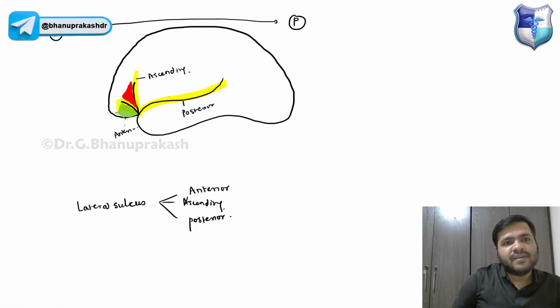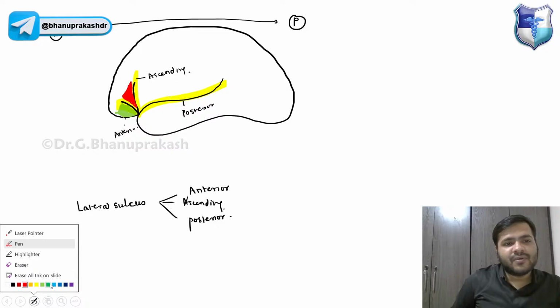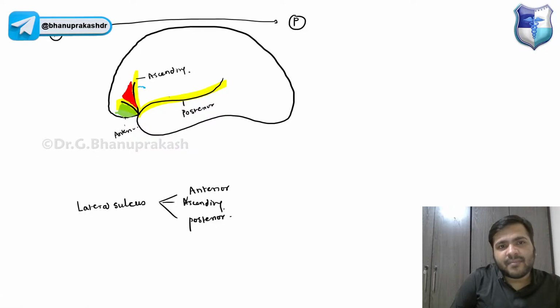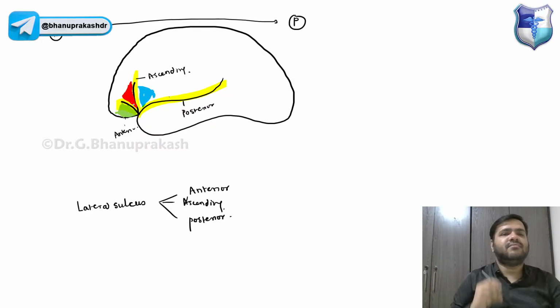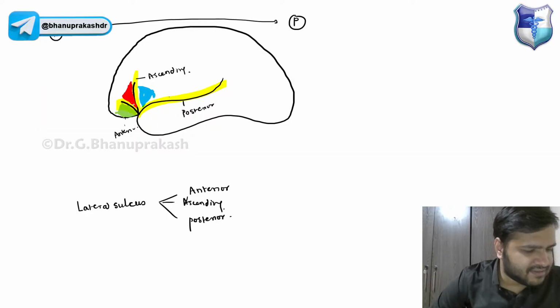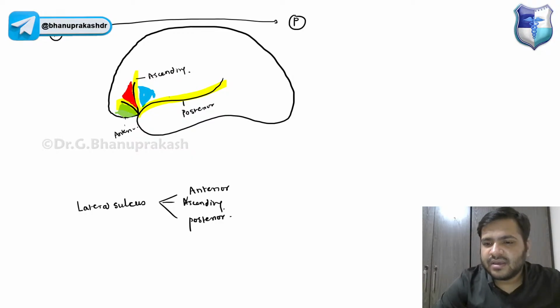And it is between the anterior ramus of this lateral sulcus and the ascending ramus of the lateral sulcus. This red area is there, and behind this ascending ramus and this posterior part, we have this another area. Like we have three areas that you have to understand over here, right?